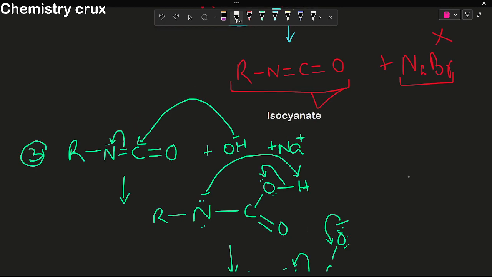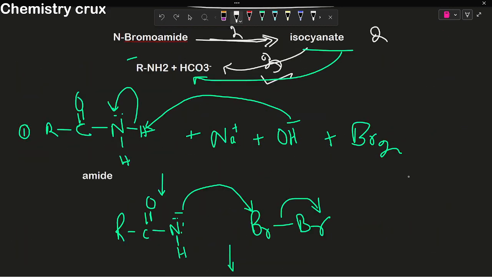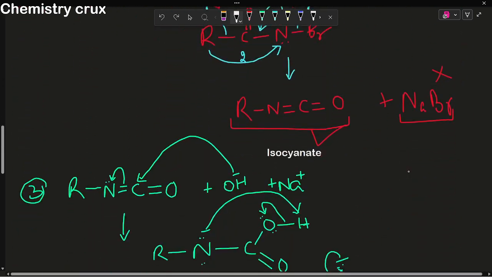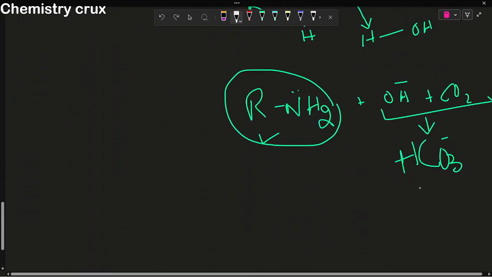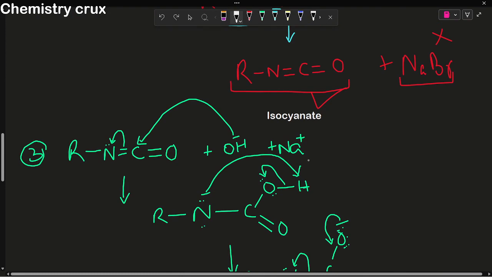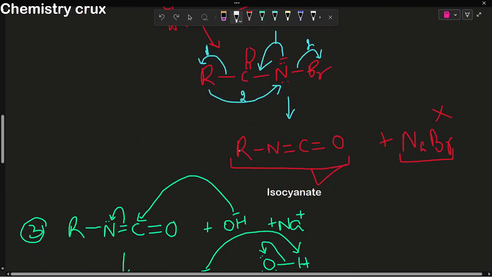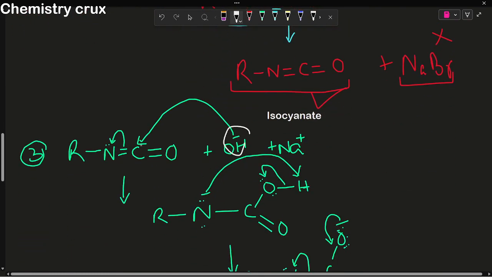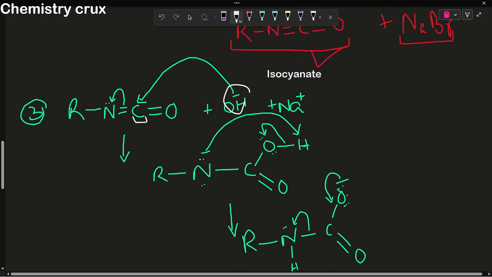Fine. So here is the third step now. What happens is that OH negative acts on this carbon and gets attached there. So OH is there, fine. In the second step now, hydrogen is released.